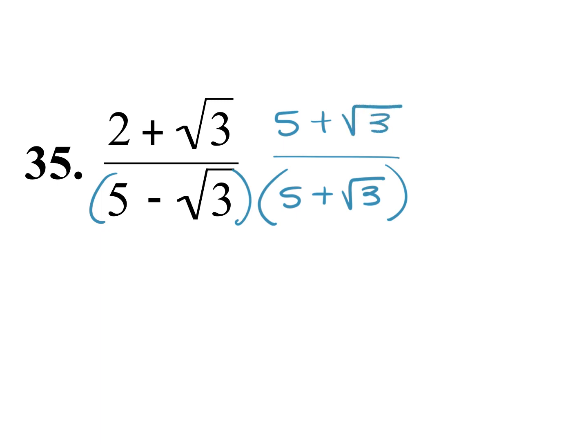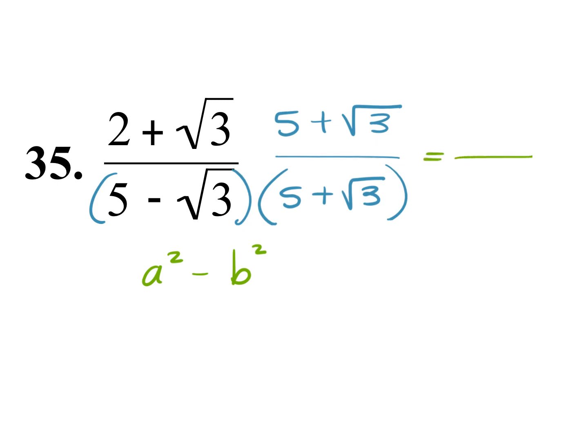Do you remember the shortcut? You square the first and last, a squared and b squared, and you subtract them. Do you have to do the shortcut? No. What could you do? Foil. You could FOIL it, okay? So if you want to FOIL, FOIL, but this is the shortcut.